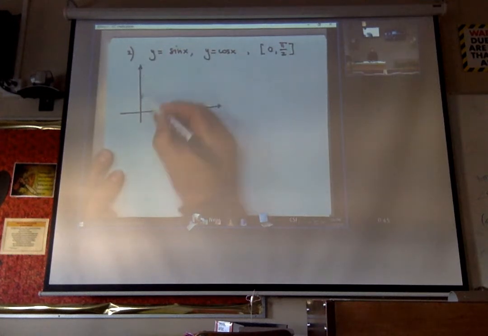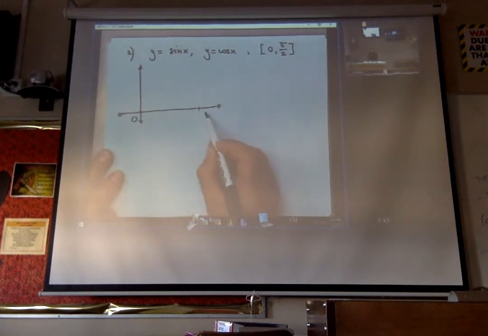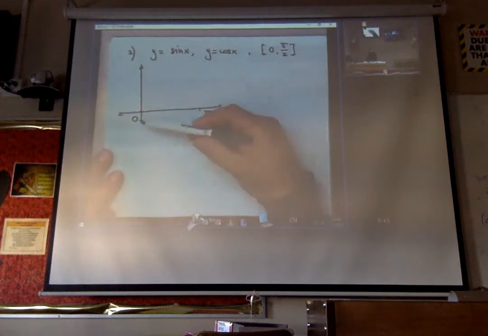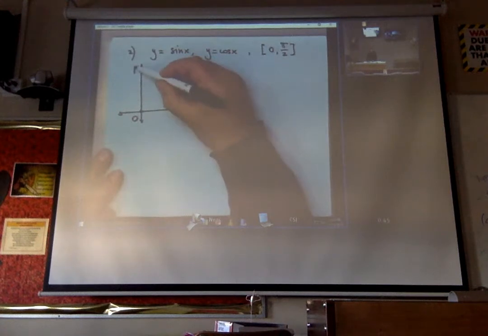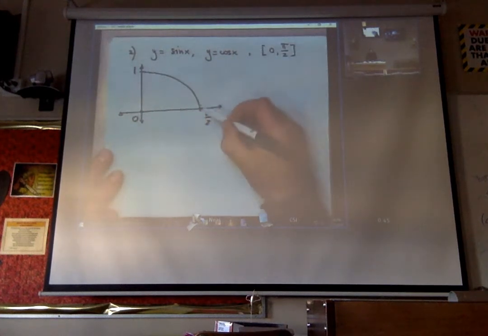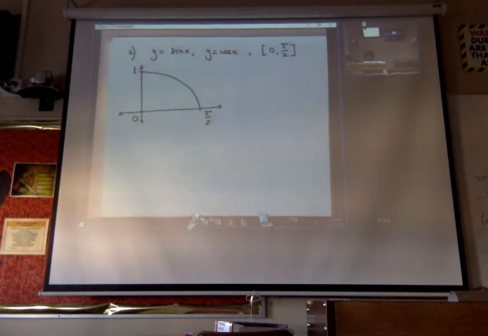Now, I will be sketching roughly here, but let's say this is 0, and let's say this one is pi over 2. And obviously cosine, when x is 0, cosine is 1, so here's my 1. So cosine, let's say, goes like this. And cosine at pi over 2 is what? 0. Okay, so that's what I have right here, 0.